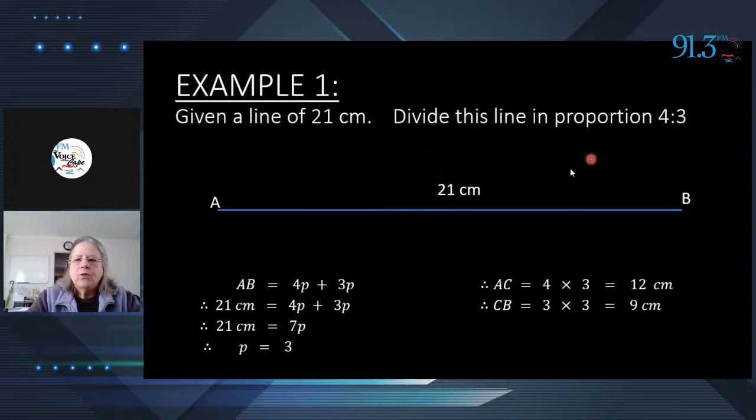So in other words, we want to cut this line up like that maybe. And this bit, AC, would be 4, but not 4 centimeters, because if we said it was 4 centimeters and we would say CB is 3 centimeters, we would not get to 21. You see the problem?